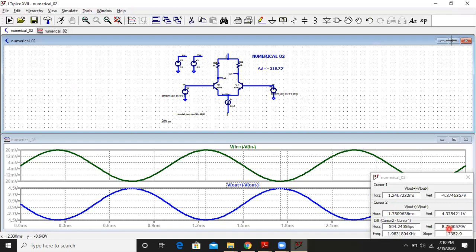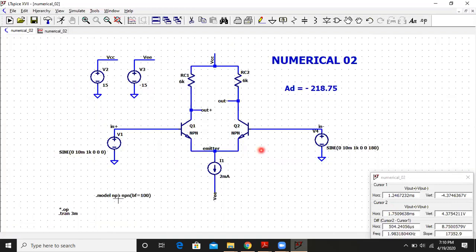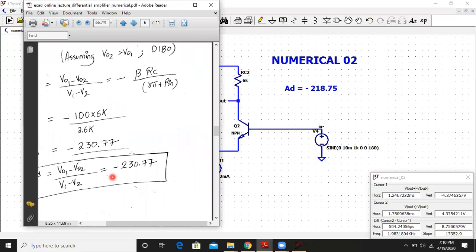So there are no changes in the result. In spite of keeping beta, we have added only one parameter. There are a lot more parameters of BJT. So with this, the gain is nearby matching. It is around 230.77 theoretically, and with LTSpice it's coming out to be around 218.